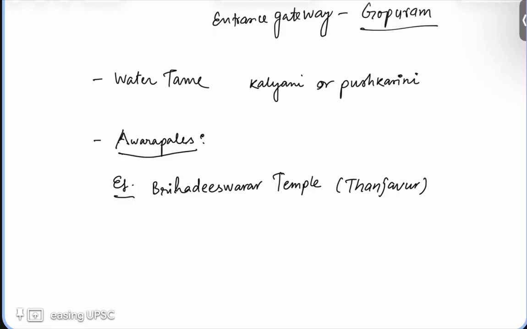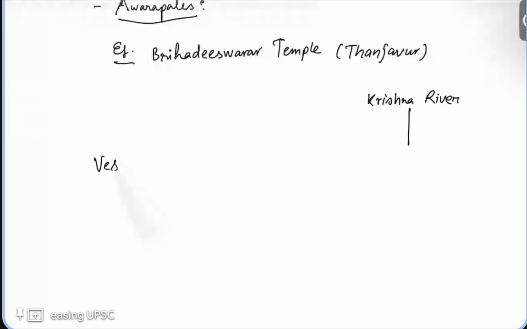So you can see this boundary. Krishna River is the boundary. South of Krishna River, you'll find mostly this Dravidian style, and north of Krishna River, mostly you'll find Vesara style. It's a hybrid style.